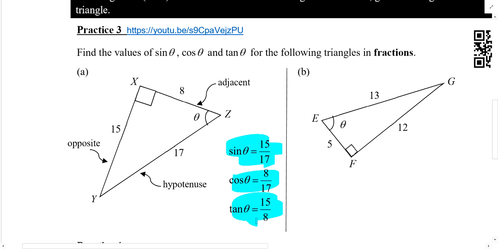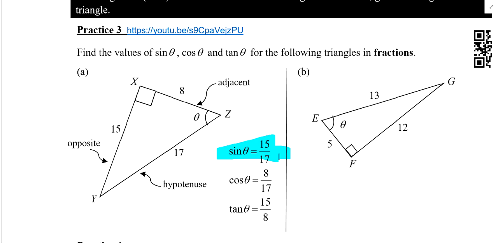We'll now figure out how we are going to find theta, using sine theta is 15 over 17. You can choose to use cosine or tangent, up to you, but for now I want to use sine theta is 15 over 17. So this is what I will do.